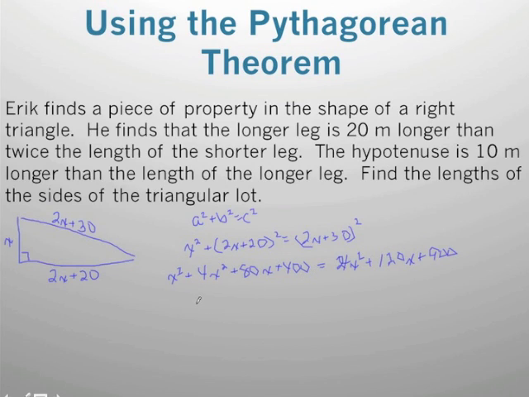The 4x squared and 4x squared will go out. I'll just have an x squared. 80x subtract 120x, negative 40x, and 400 minus 900 will be negative 500 equals 0.